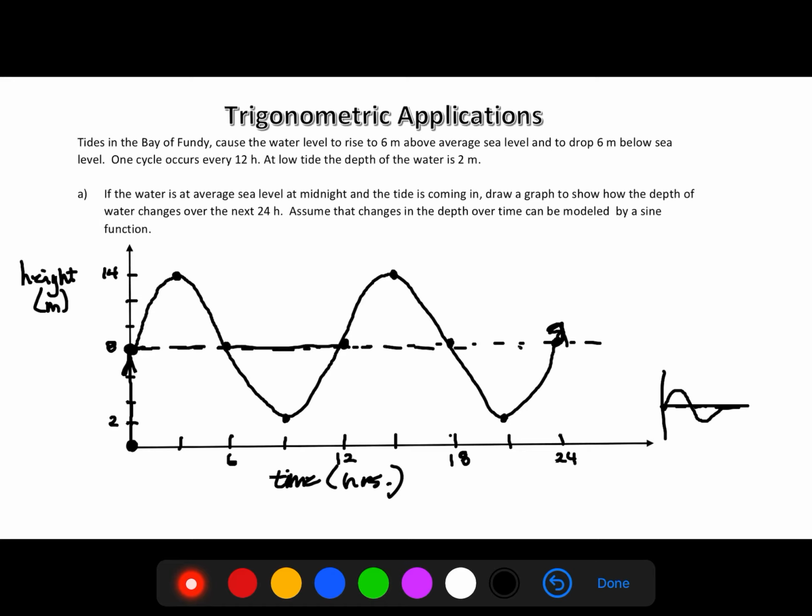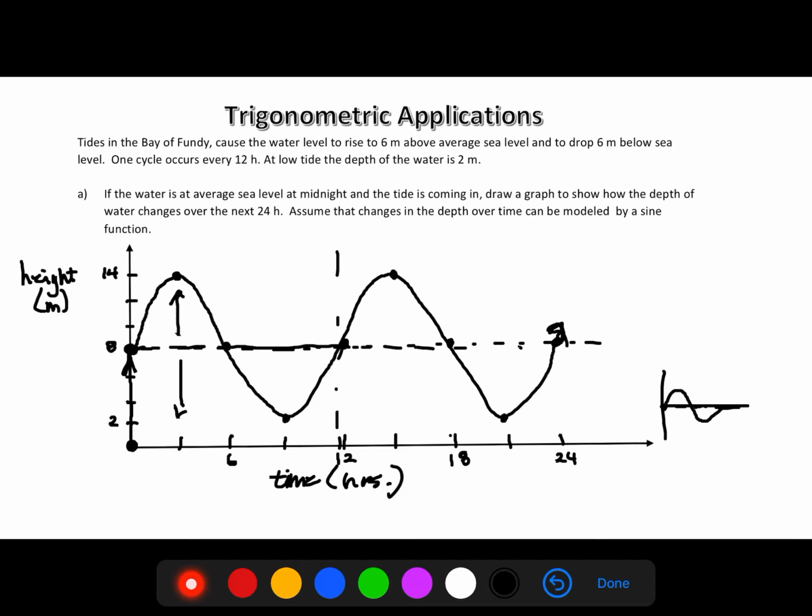So our max is 14 minus our minimum of 2, divided by 2, which is going to give us 6 units. That makes sense graphically as well, because if we look at the middle of our graph, it goes up 6 units and down 6 units either way.